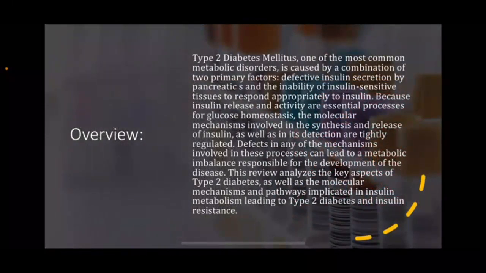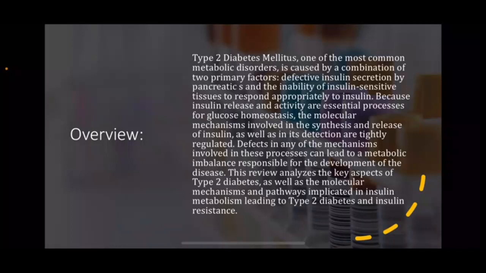An overview of type 2 diabetes is that this disease is one of the most common metabolic disorders, and it is caused by a combination of two primary factors: defective insulin secreted by pancreatic beta cells and the inability of insulin-sensitive tissue to respond appropriately to insulin.